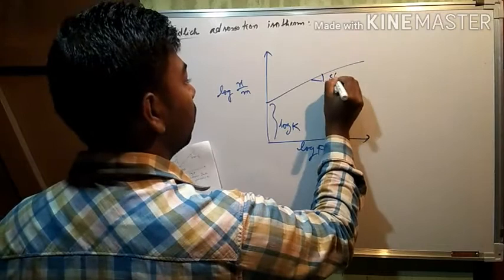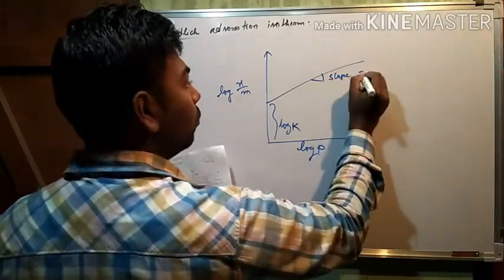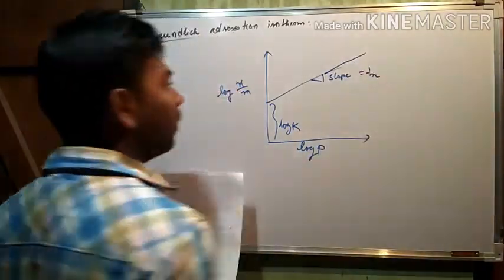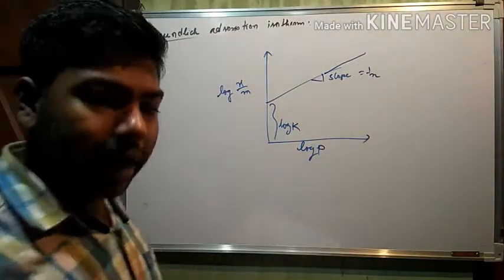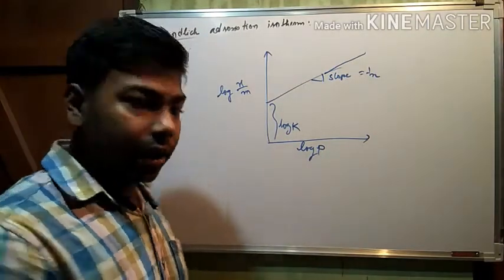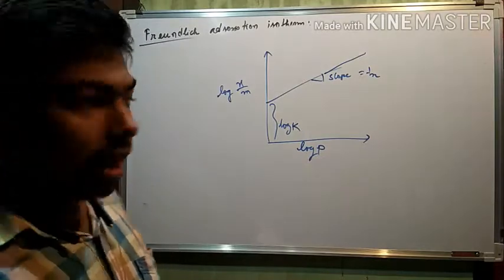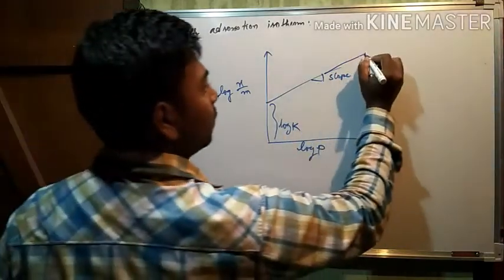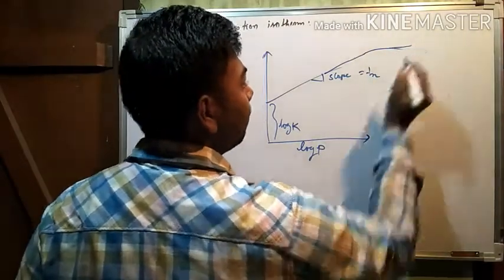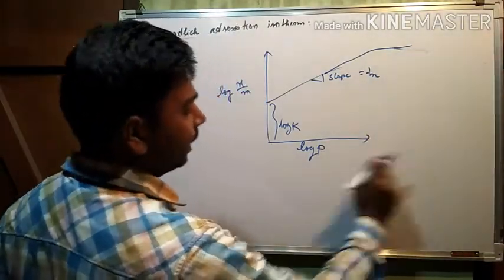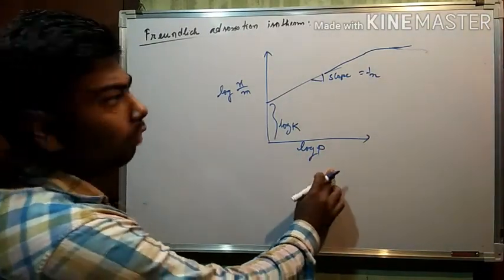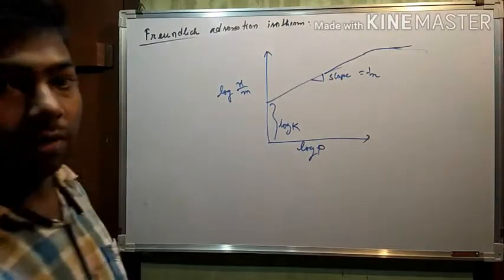This one is the slope equal to 1 by n. Now this should be a straight line, no? As our equation is a straight line equation, but experimentally found that at a higher pressure, the adsorption curve just comes this way. That means it becomes parallel to the x-axis, that means log of p axis. This is the main fault of Freundlich's adsorption isotherm.